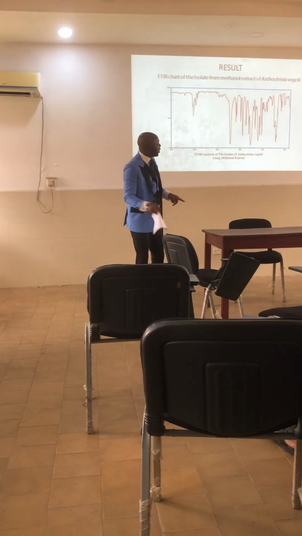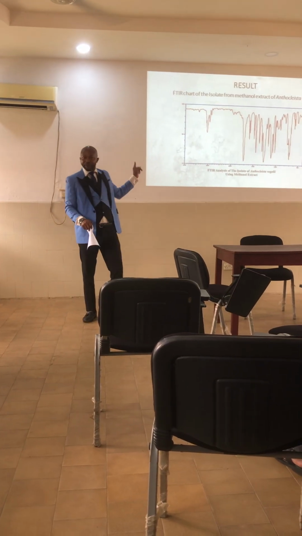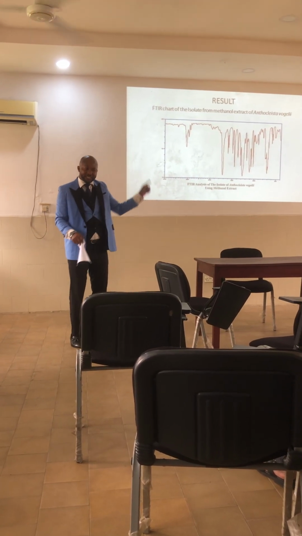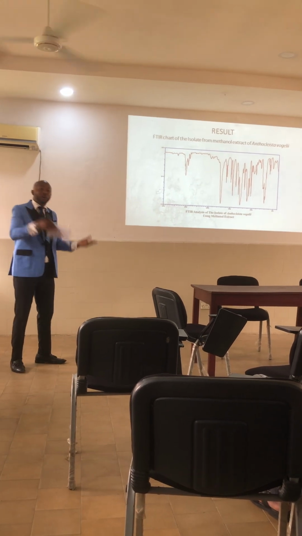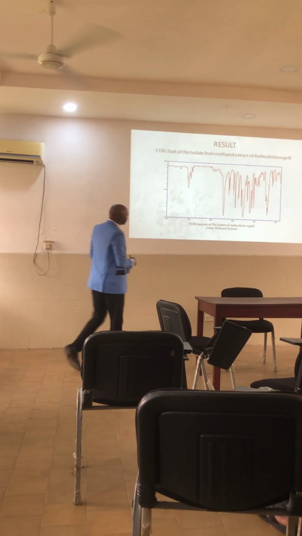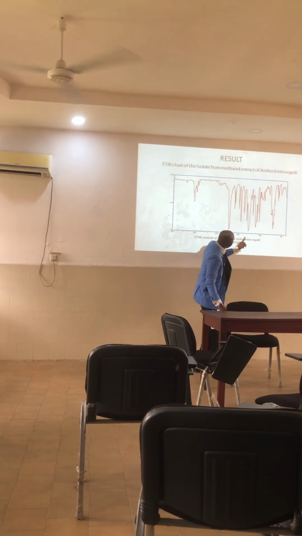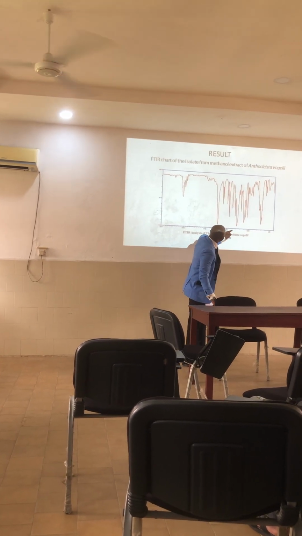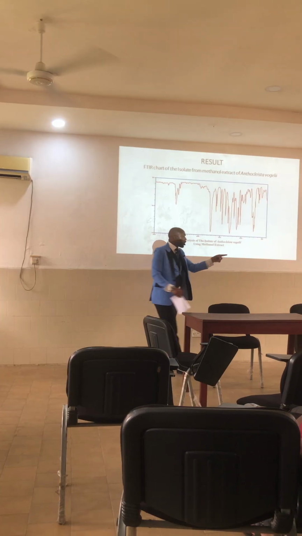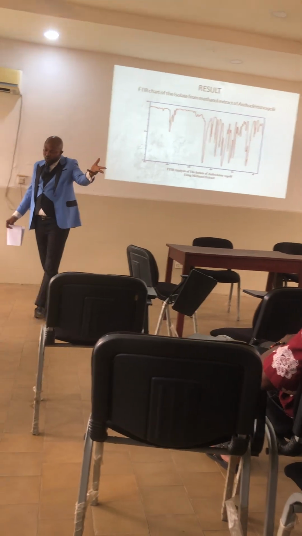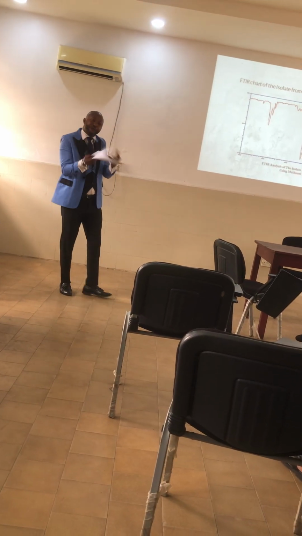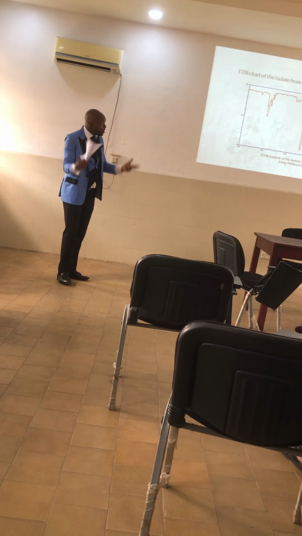So first of all, we have a carbonyl, and once there is a carbonyl, it means there is a carbon attached to O. Then we move further, within 1000 to 1003, we have a carbon-oxygen linkage, which means there is a C attached to O. So that is a framework of an acetate to begin with.